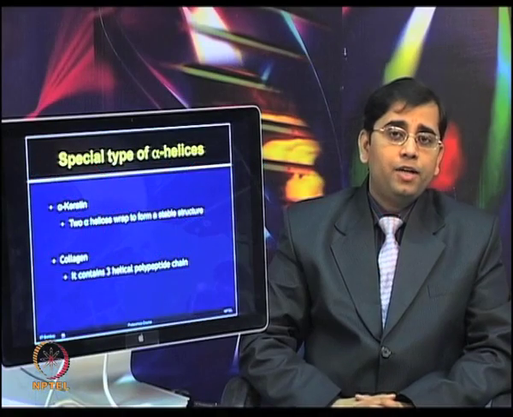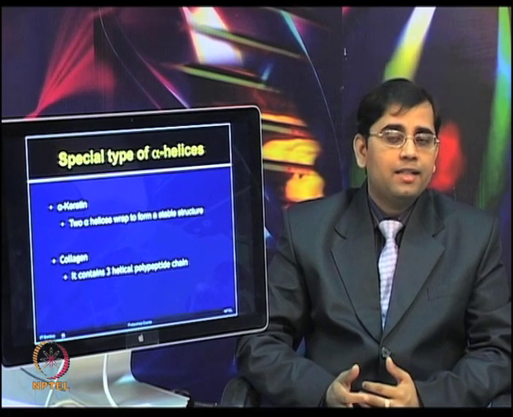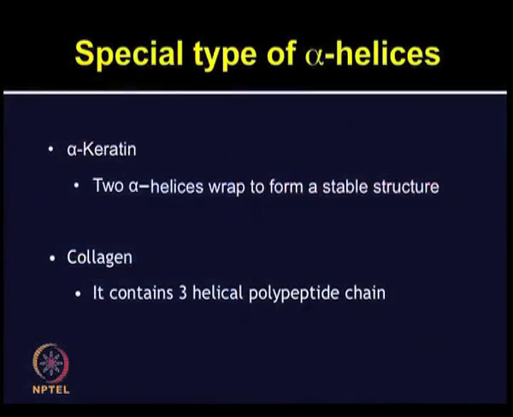There are special types of alpha helices, where 2 alpha helices wrap around each other or 3 alpha helices come together. The first example is alpha keratin, where 2 alpha helices wrap to form a stable structure.